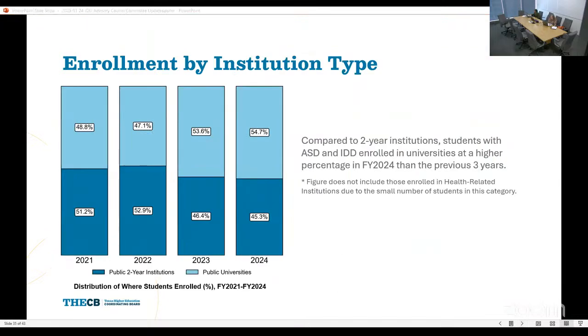Okay, enrollment by institution type. Compared to two-year institutions, students with ASD and IDD enrolled in universities at a higher percentage in 2024 than in the previous 3 years. Okay.